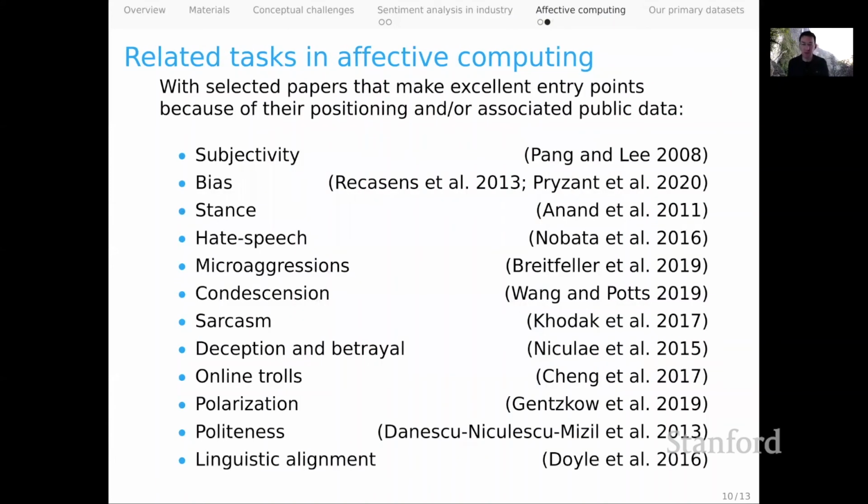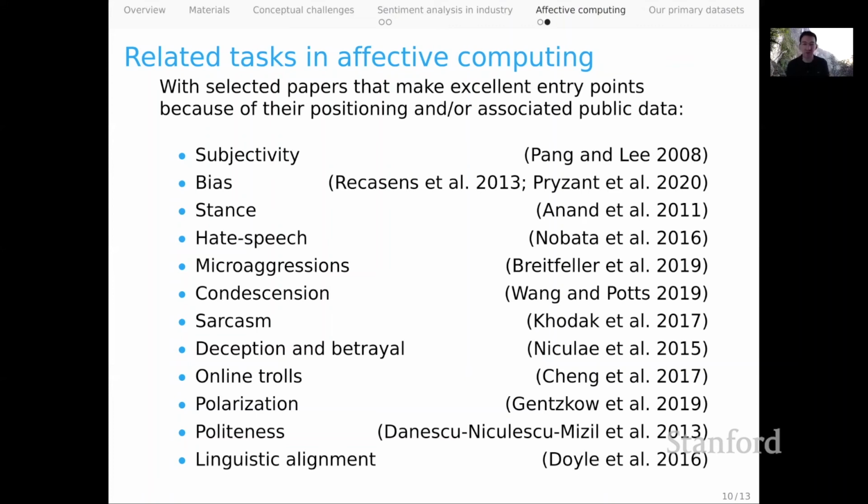And in that spirit, what I've done on this slide is just list out a whole bunch of other tasks that you might consider adjacent to sentiment analysis, but they are meaningfully different from sentiment analysis. Things like subjectivity, bias, stance taking, hate speech, microaggressions, condescension, sarcasm, deception and betrayal, online trolls, polarization, politeness, and linguistic alignment.